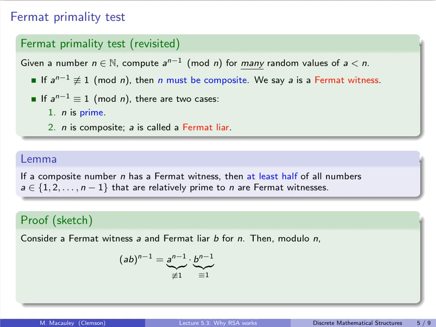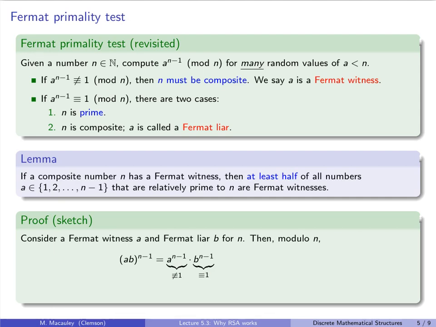Now, A is a Fermat witness, which means A to the n minus 1 is not equal to 1. And B is a Fermat liar, so B to the n minus 1 is equal to 1. So we have something that's not 1 times something that is 1.